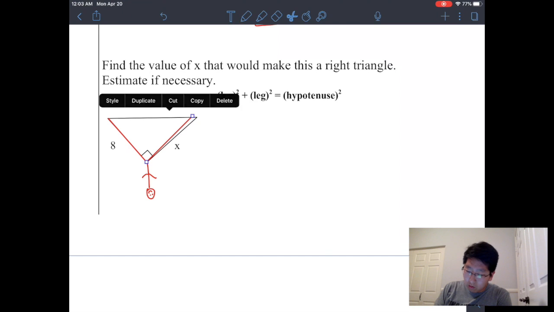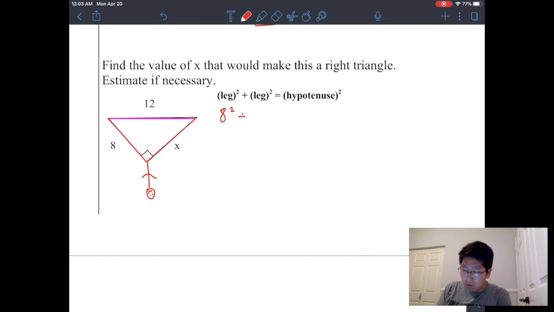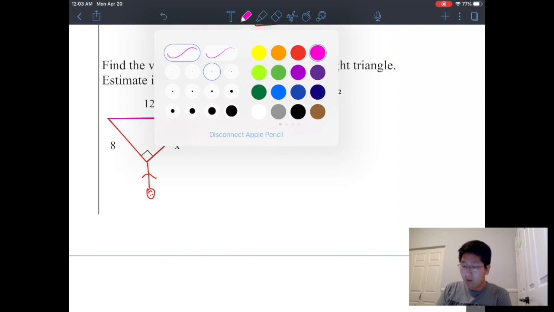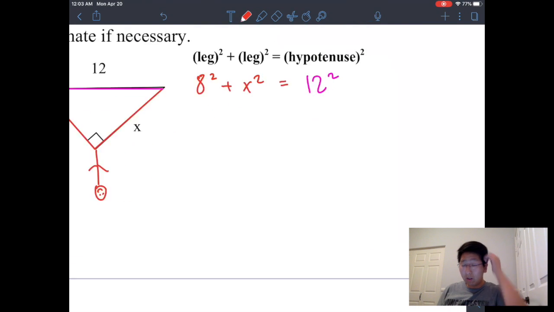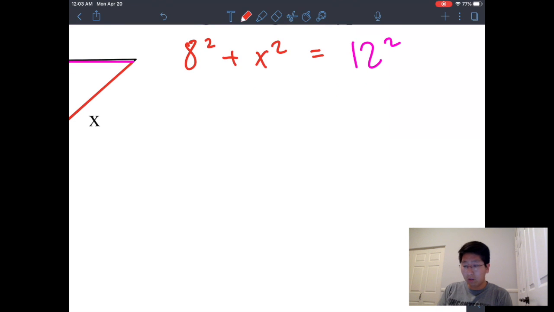Our hypotenuse is going to be 12. So leg squared, 8 squared plus x squared equals 12 squared. 8 squared is 8 times 8, which is 64, plus x squared equals 12 squared, which is 144.